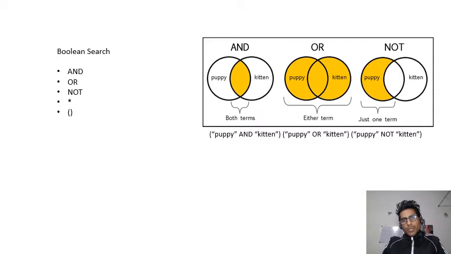If we use a star sign, it will look for that particular word audit and whatever is written next to it, so we will get all those results.